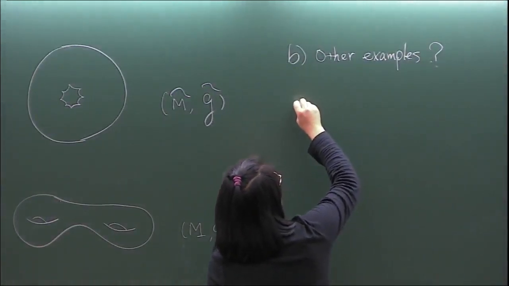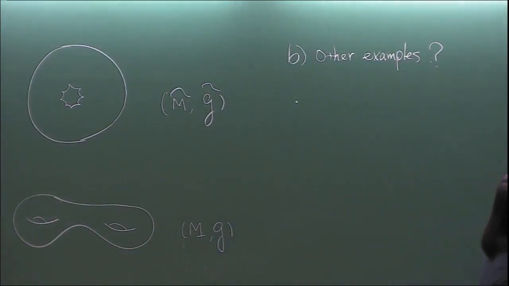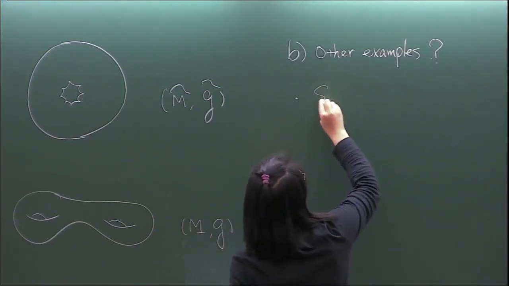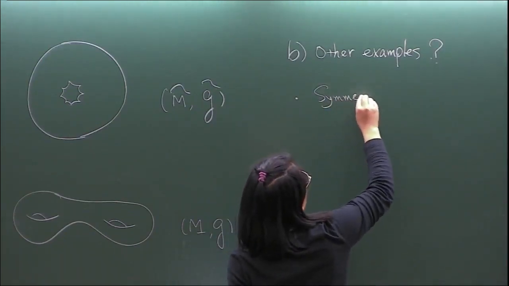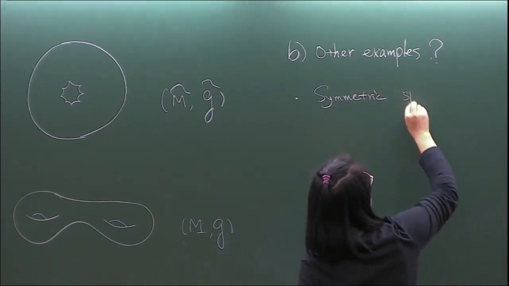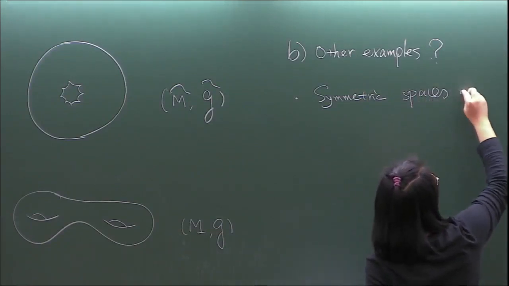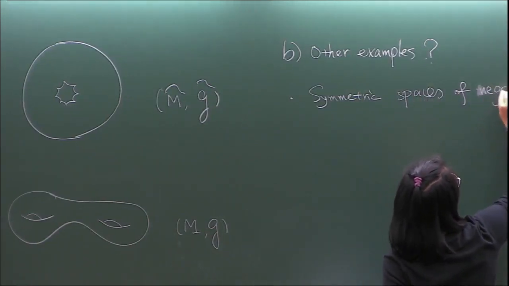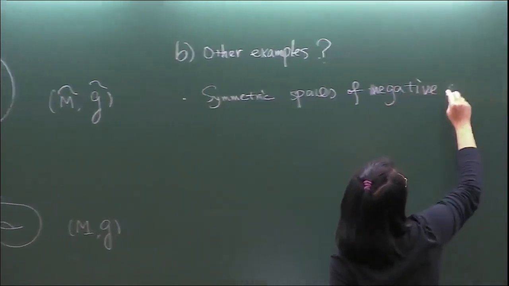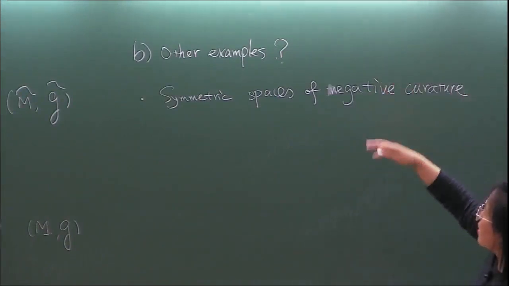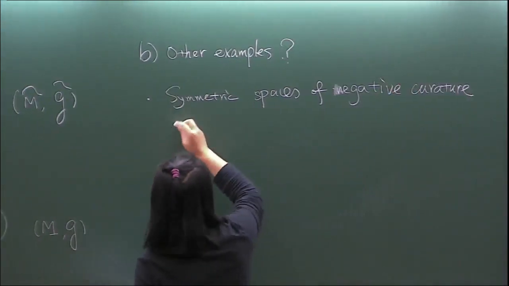Actually you have many other examples. The first class is if you consider the symmetric space of negative curvature. You have a classification of this one. I just put it here.